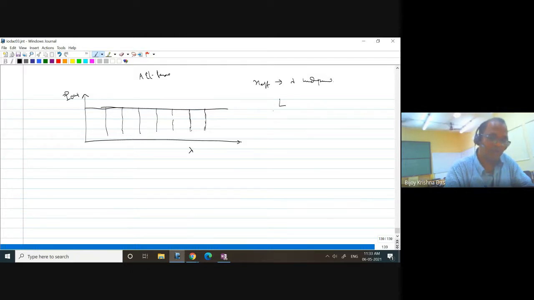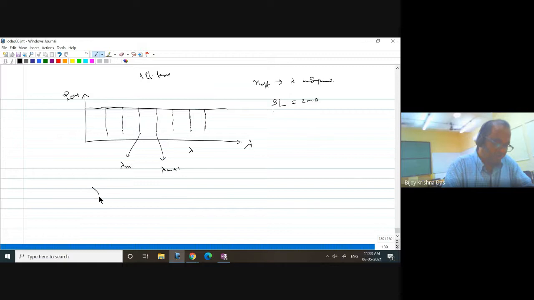So you know beta L equals 2m pi. Now I am considering this is lambda m. And this is, for example, another resonant wavelength which is missing in the transmission, lambda m plus 1. Obviously, lambda m plus 1 is larger than lambda m because this axis is lambda.